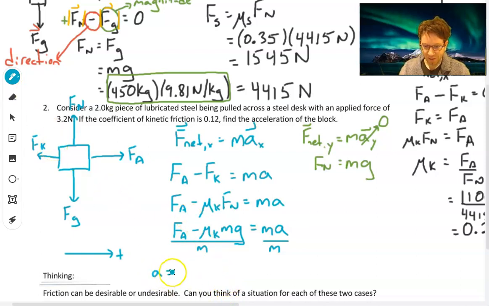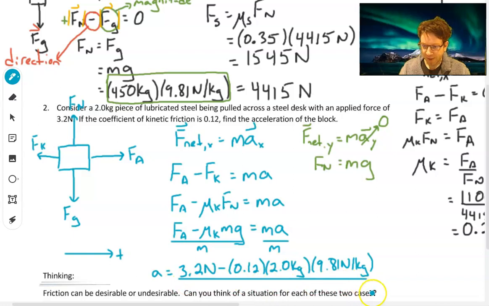So a will equal our applied force, which is 3.2, minus coefficient, which is 0.12, times the mass, which is 2.0 kilograms, times gravity, which is 9.81 newtons per kilogram, all divided by the mass, which is 2 kilograms.